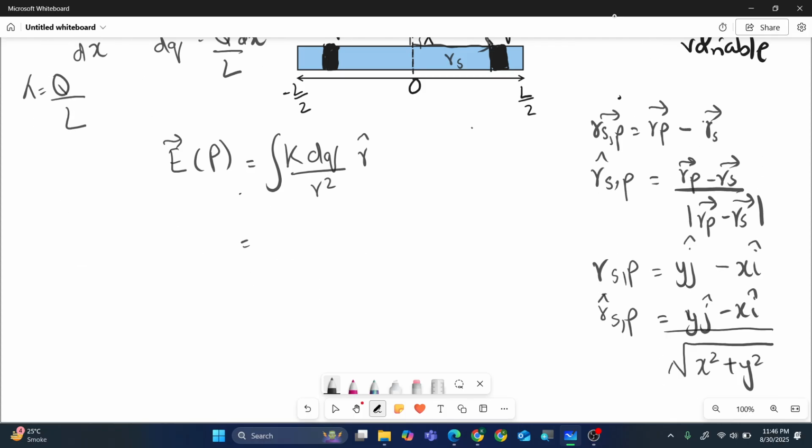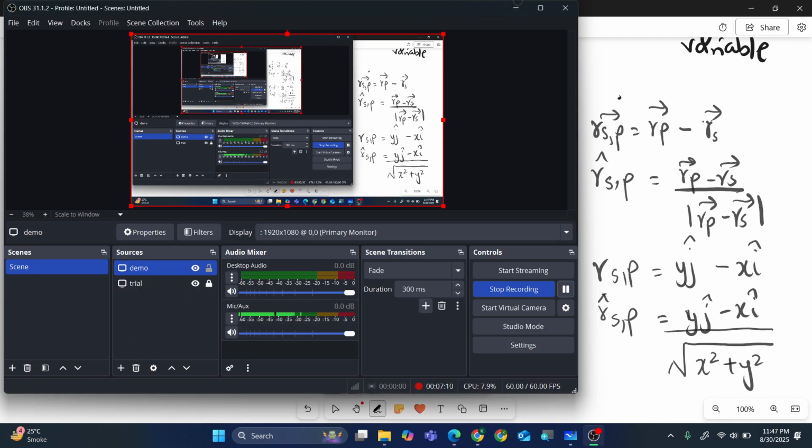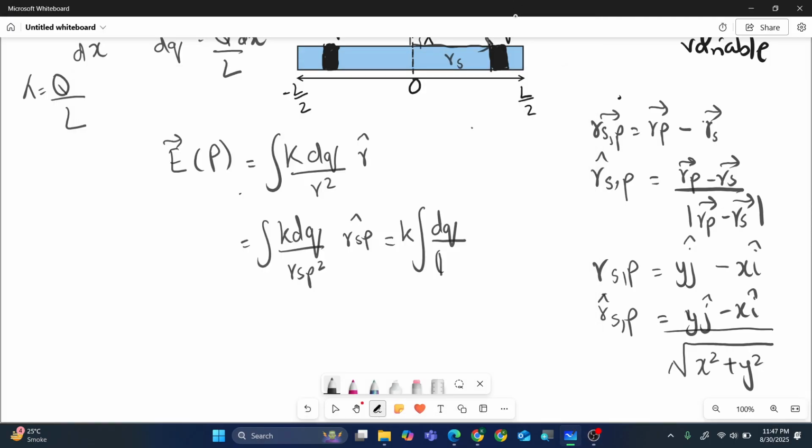Now this R is going to be RSP squared, RSP unit vector, which is going to be RP minus RS squared into the unit vector, which is going to be yj minus xi divided by RP minus RS.